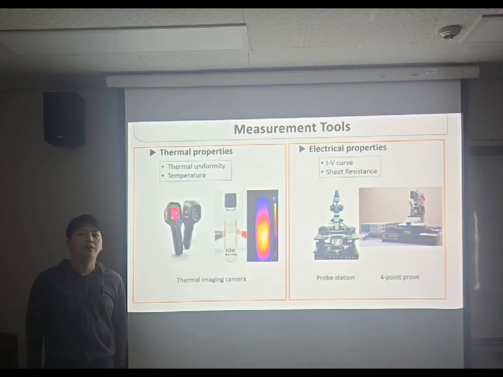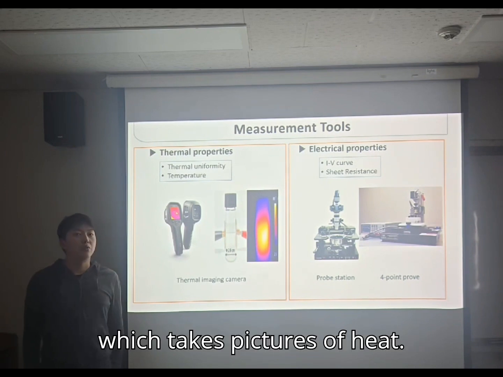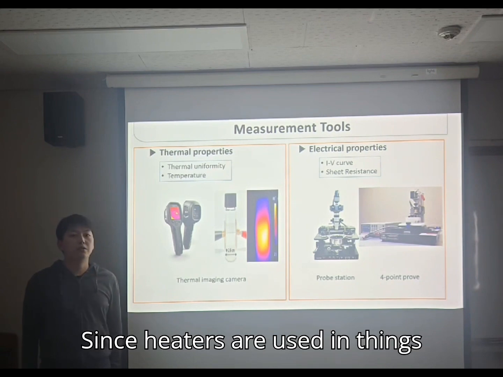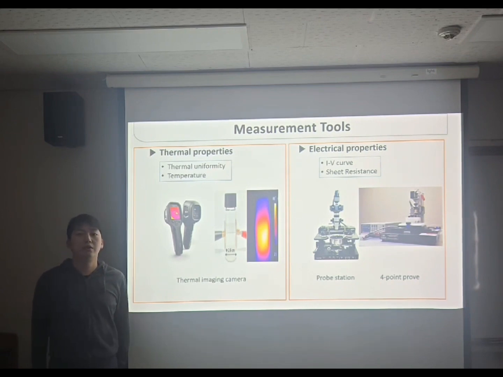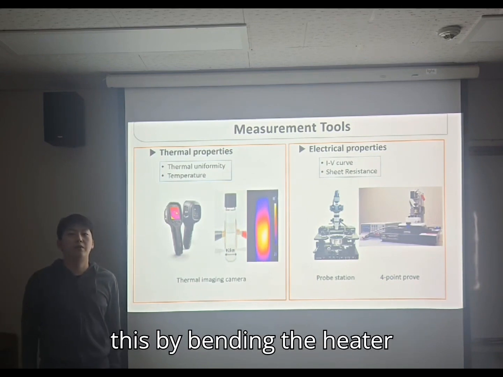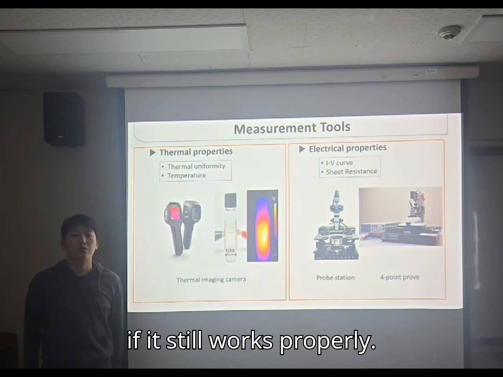To check this, we use a thermal imaging camera which takes pictures of heat. Since heaters are used in things like phones and cars, they need to be flexible. We test this by bending the heater several times and checking if it still works properly.